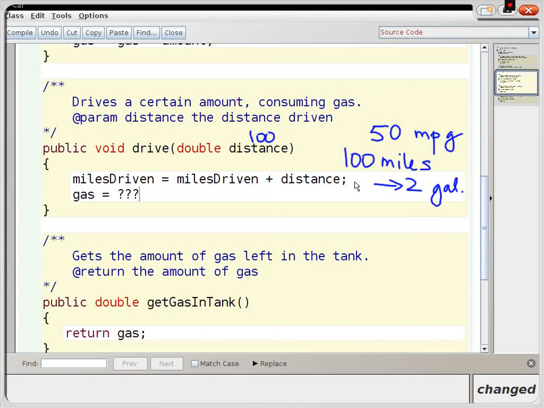So in that case, I would want to say gas equals gas minus 2. All right, but of course it's not always going to be 2. So I have to find a general way of finding out how much gas I consumed. So let's put that computation in here.